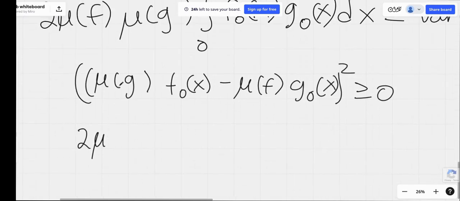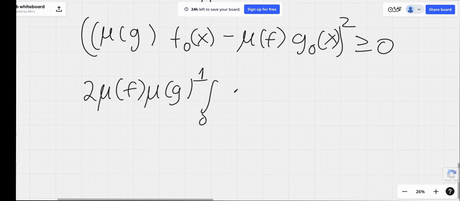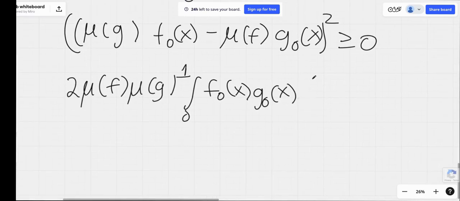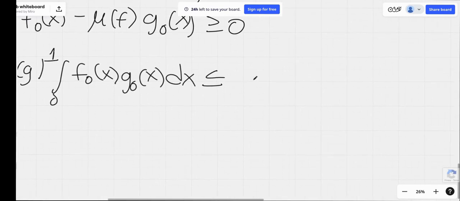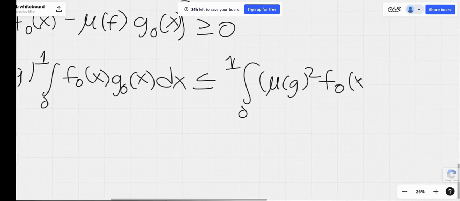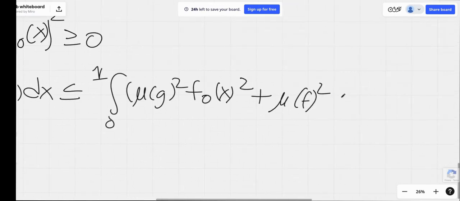Rewinding a little bit, this inequality, or I guess this expression, must be less than or equal to the integral from 0 to 1 of mu of g square f naught of x square plus mu of f square g naught of x square.